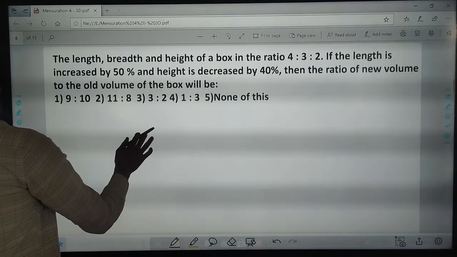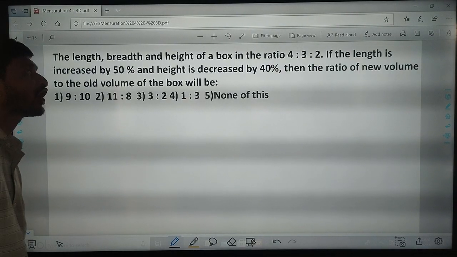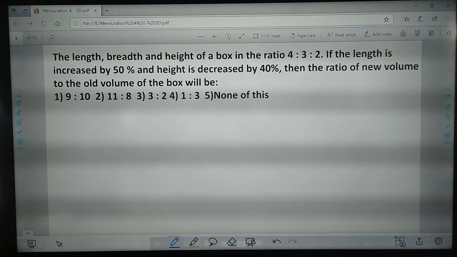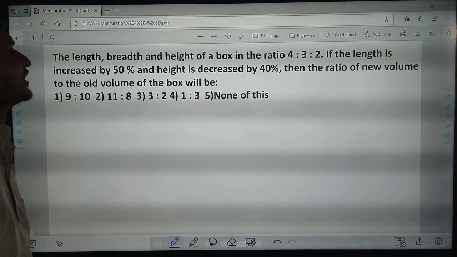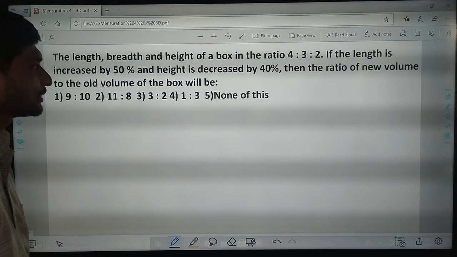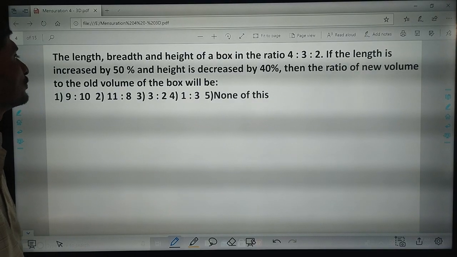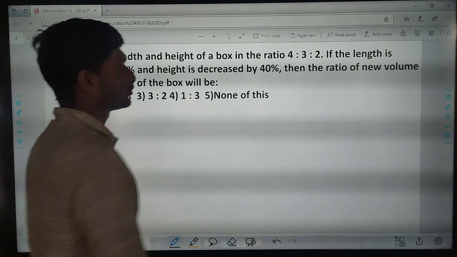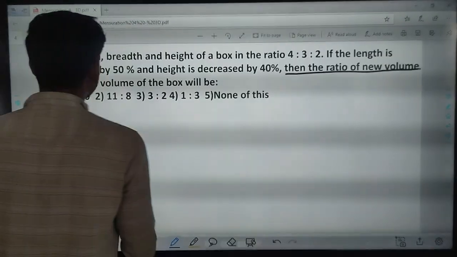Now next, the length, breadth and height of a box are in the ratio 4:3:2. The length is increased by 50%, height is decreased by 40%, then the ratio of new volume to old volume of the box will be? Here we find the ratio of new volume to the old volume.